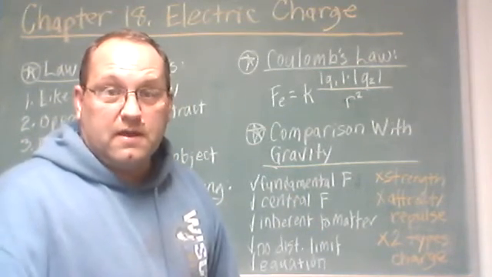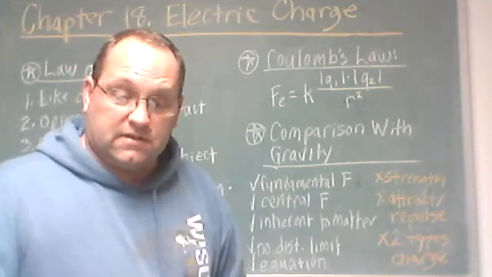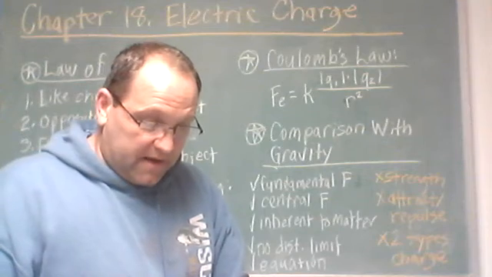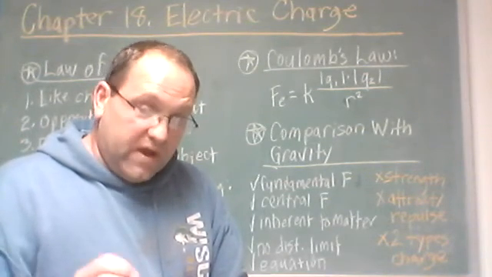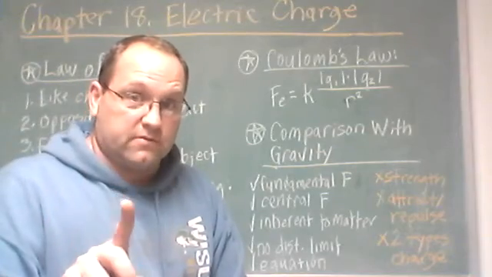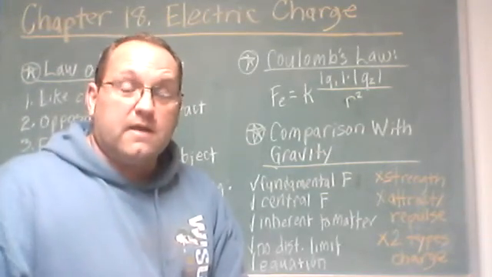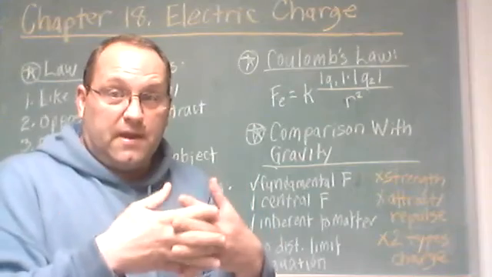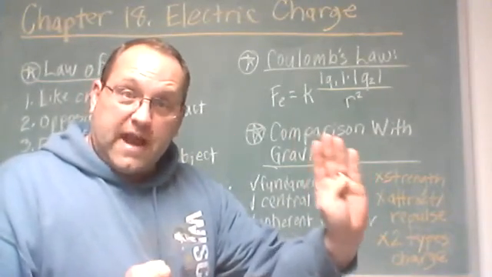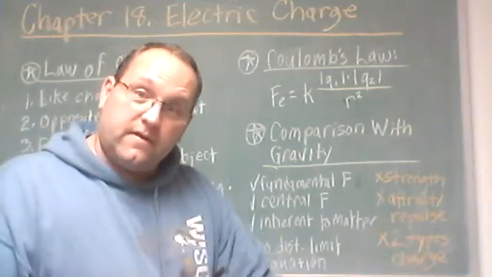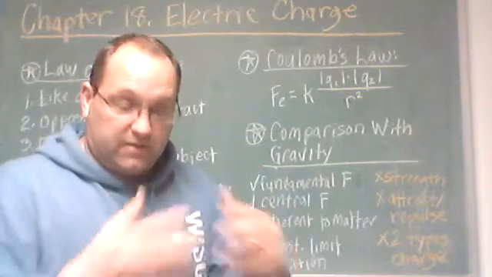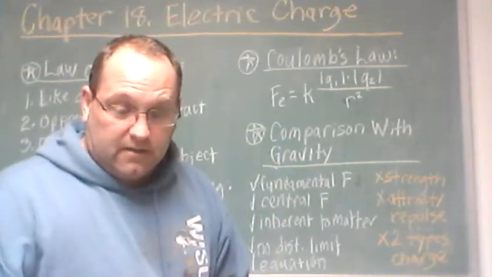So those are the similarities and differences between gravity and the electromagnetic force, of which the electrostatic force is one half. I keep saying electromagnetic because we'll see they are joined at the hip. The electrostatic force is one half of it, the magnetic force is the other half. We'll see how they actually are combined a little bit later on.